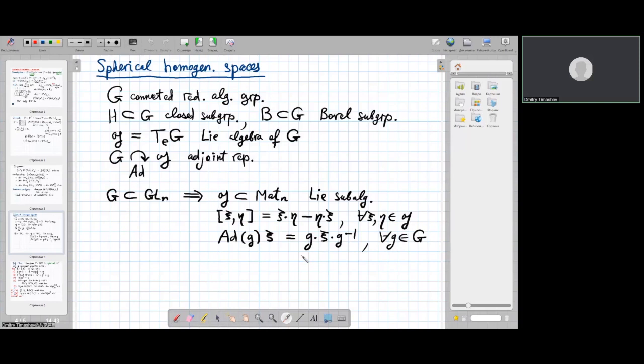Yes, I know this formula. I just want to ask whether we use the value at g minus one pushed forward by g, or the value at g pushed forward by g minus one. This doesn't matter, because left and right multiplication commute. You may multiply on the left, then on the right, and vice versa.